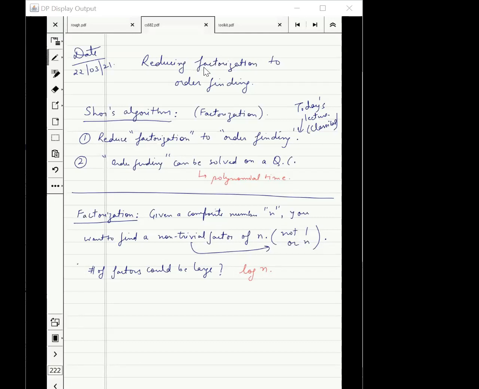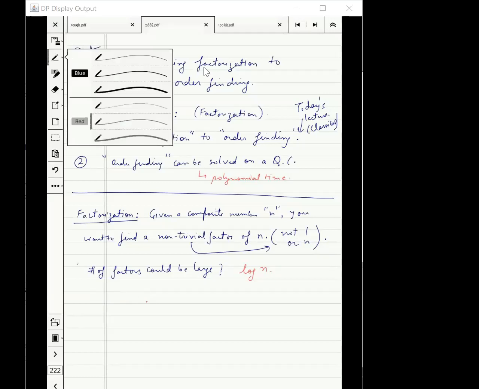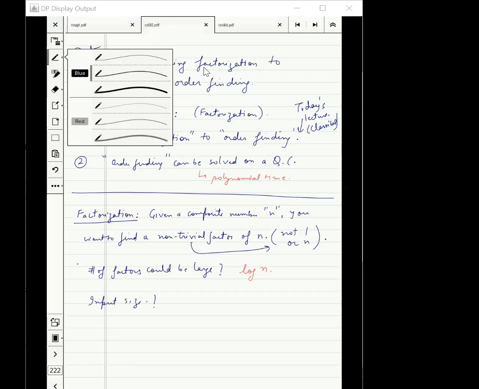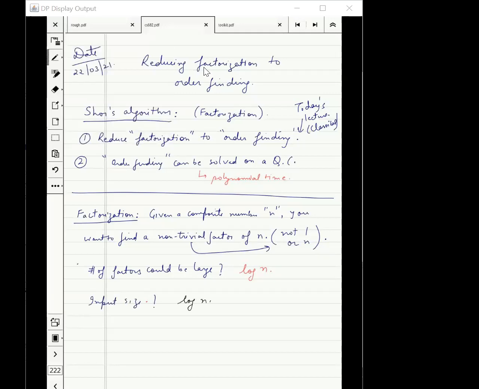What is the input size here for the problem? Log n. Very good. The input is the number n, and to specify n, I need only log n bits. That means my input size is actually log n.